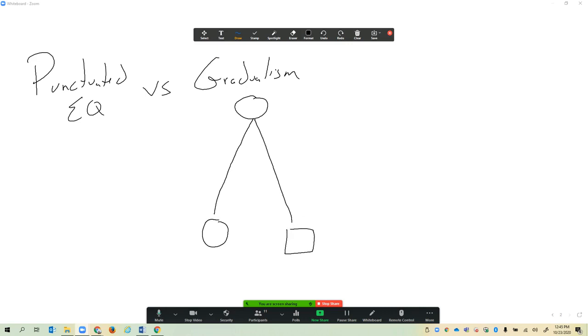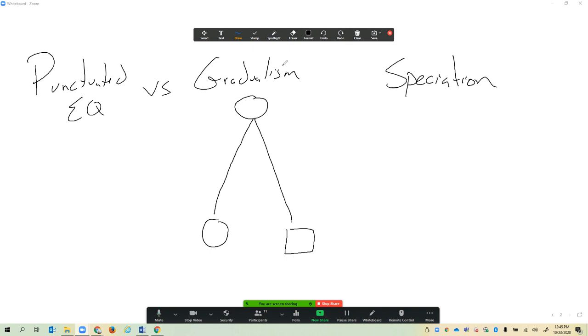Anyone know the term given for the creation of a species? What's the process by which a new species appears? Speciation. So it's called speciation when we create a new species.